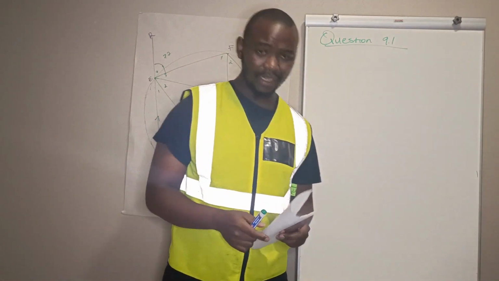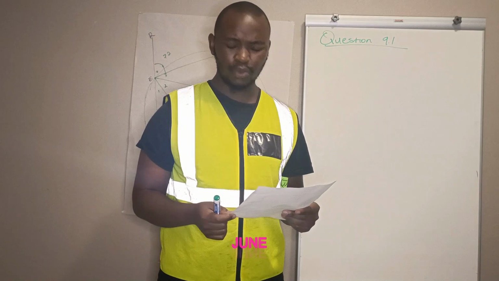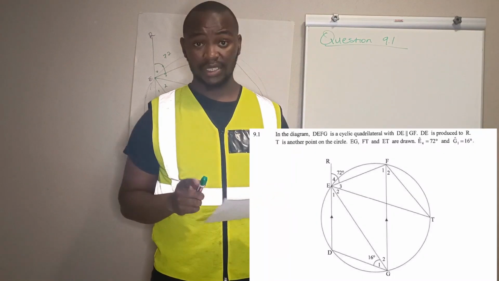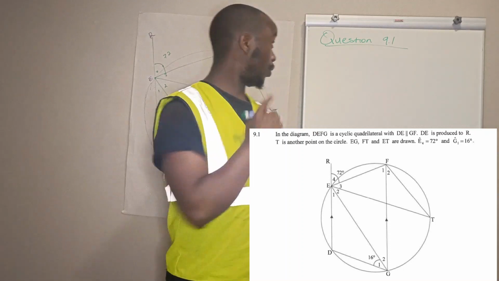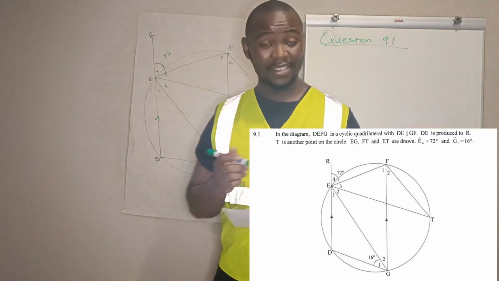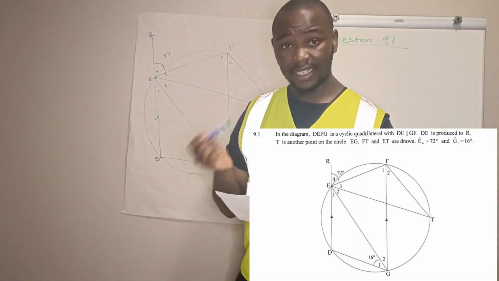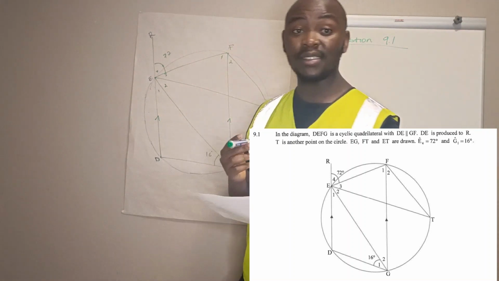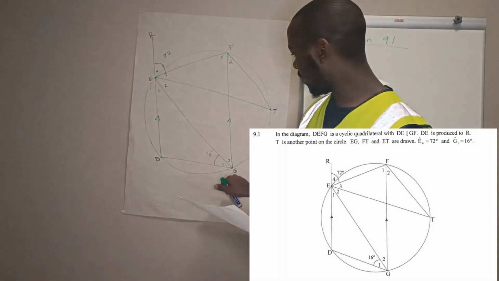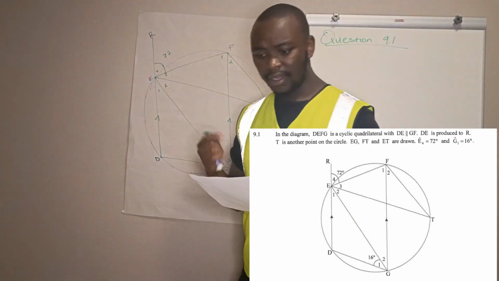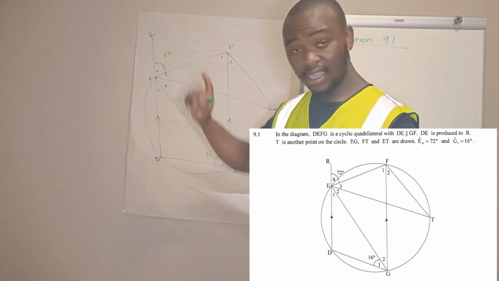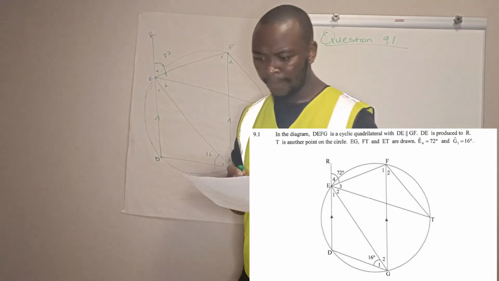Today we're looking at the grade of November 2022 question paper 2, specifically question number 9.1. We're given a diagram which I've tried to draw. In the diagram we are told that there is a cyclic quad, DEFG, and this cyclic quad has two parallel lines, DE and GF.